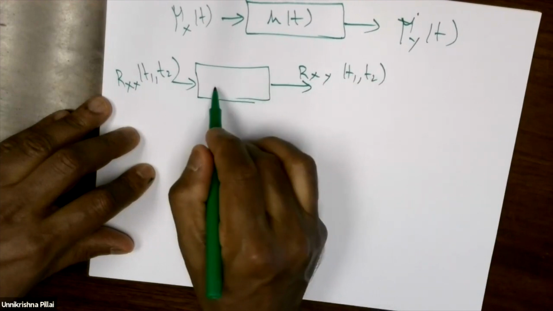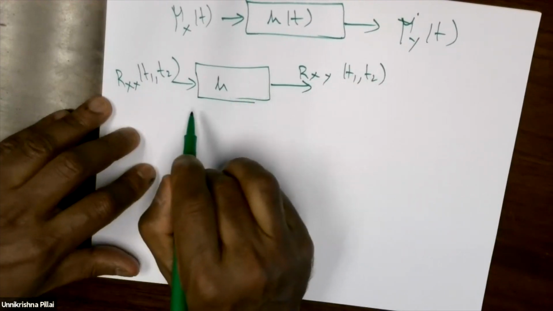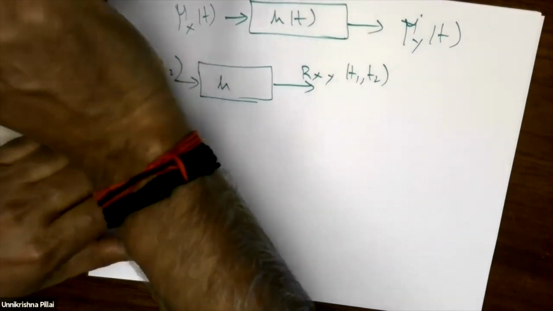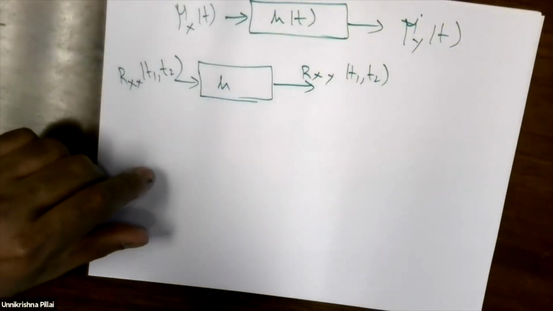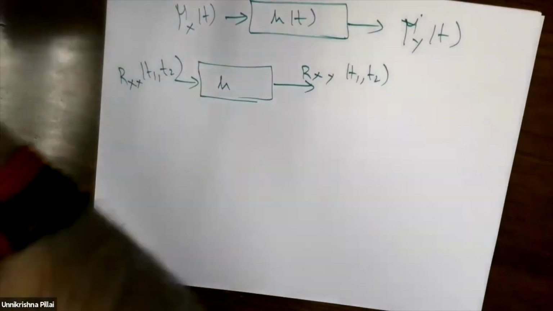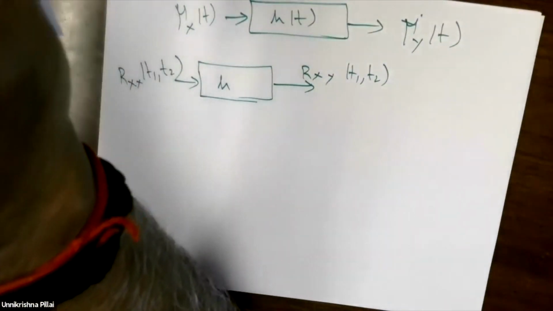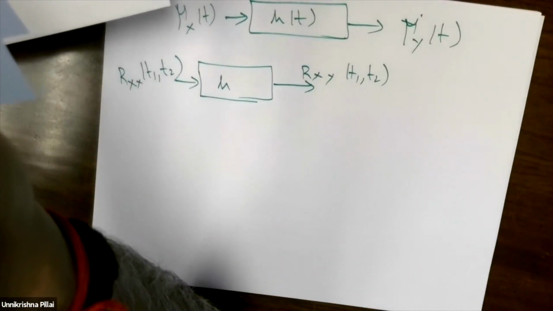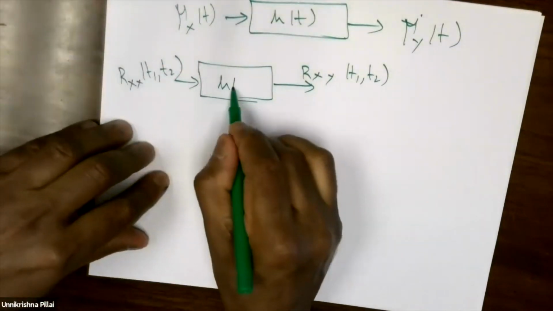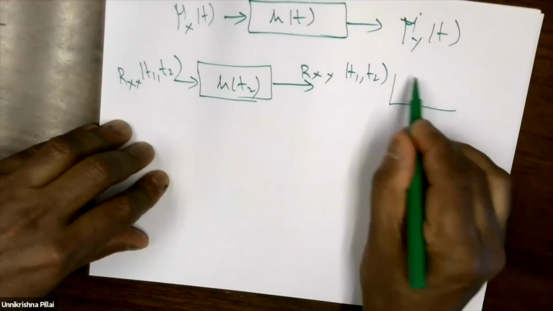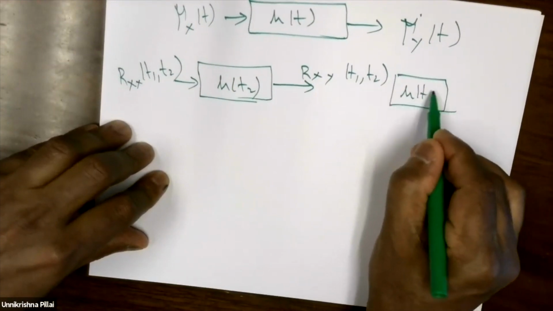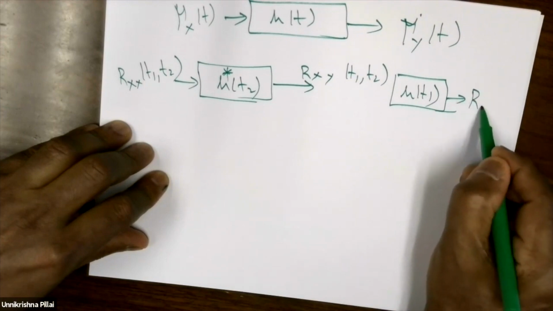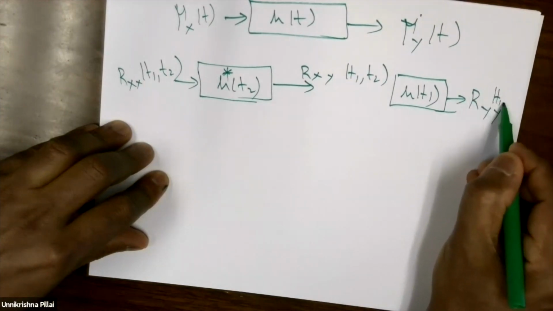Was it h of t1 or h of t2? Yes, h of t2. And then you pass it through another system, which is h of t1 star, not h of t2. So this will be Ryy of t1, t2.